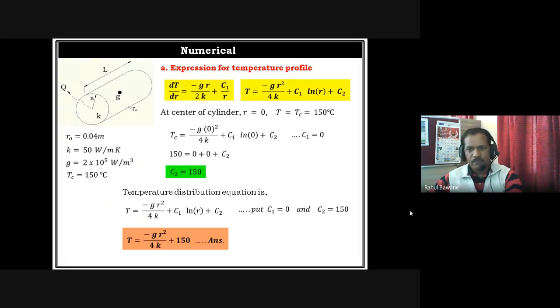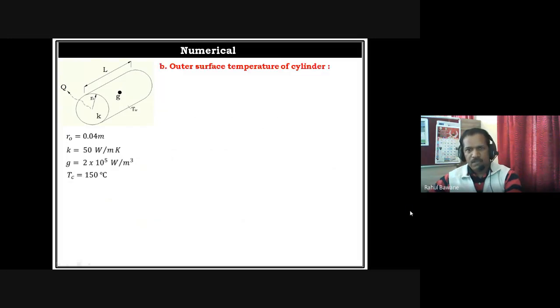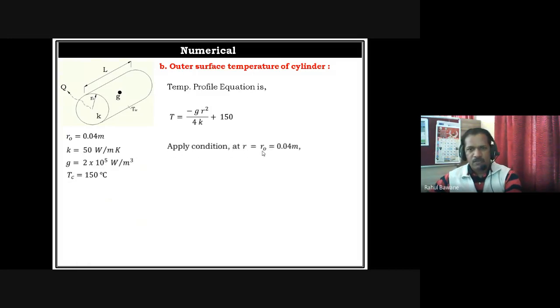Now move ahead for the second answer, that is the outer surface temperature of the cylinder. For this particular numerical, we know the temperature profile equation is T equals minus g r square upon 4k plus 150. Now putting the condition at r equals r0, that is 0.04 meter, T becomes T wall.